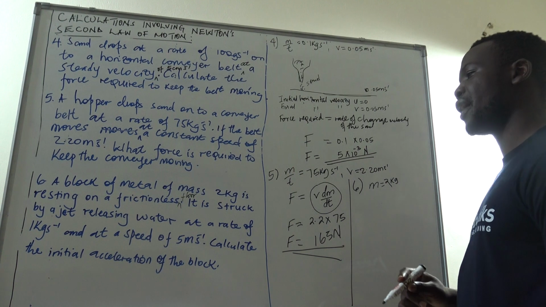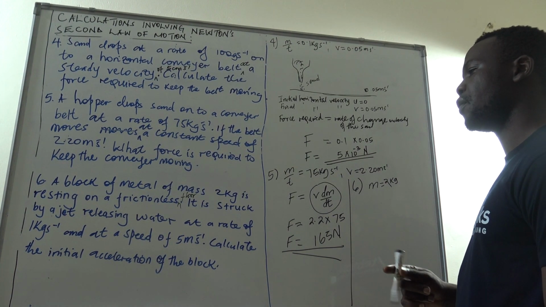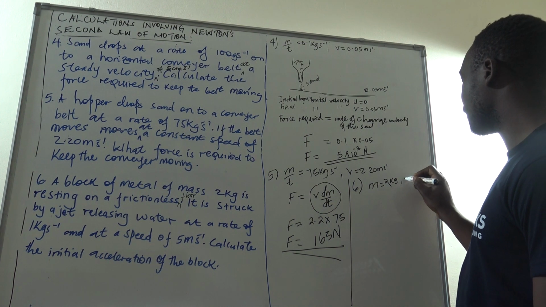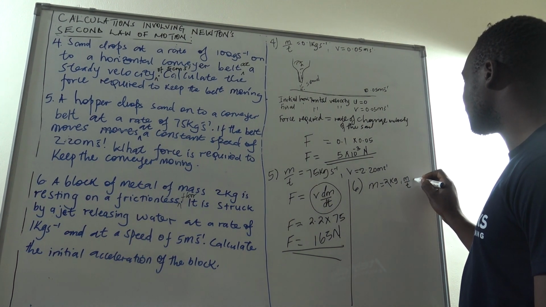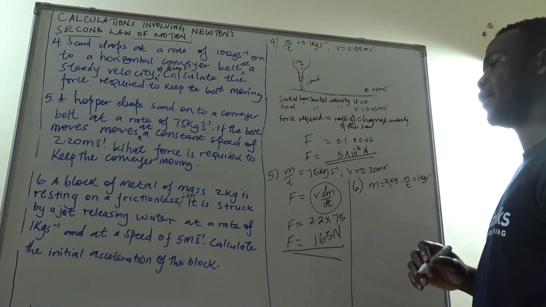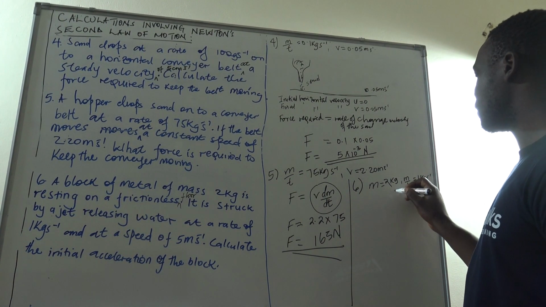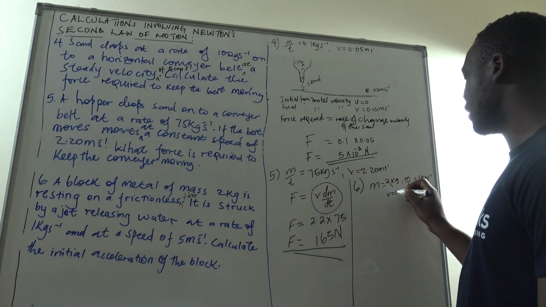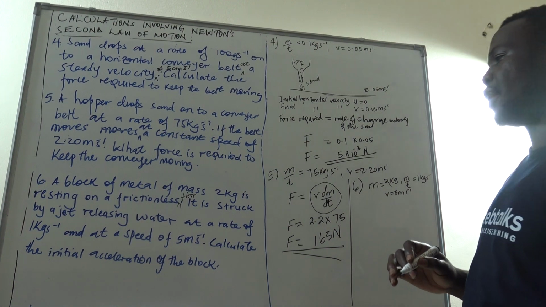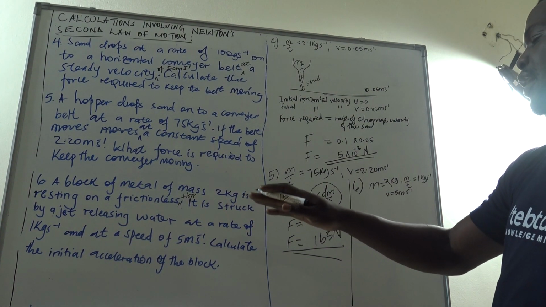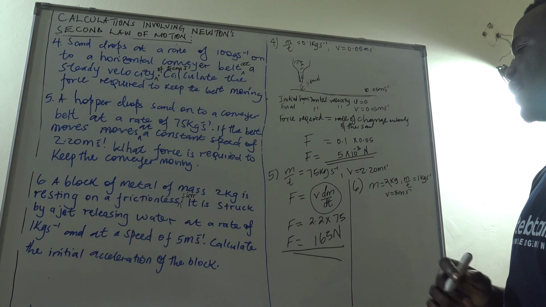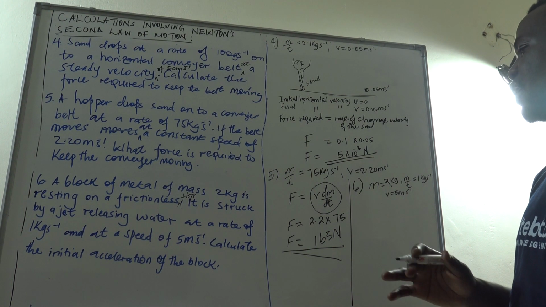It is struck by a jet releasing water at a mass rate of 1 kilogram per second, and the speed v here is 5 meters per second. At that rate and at that speed, calculate the initial acceleration.